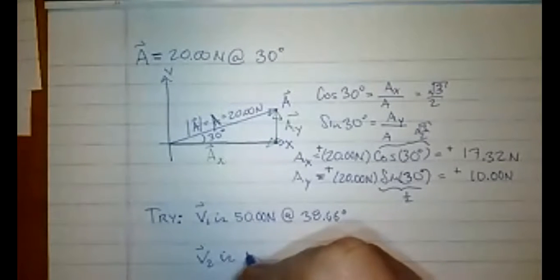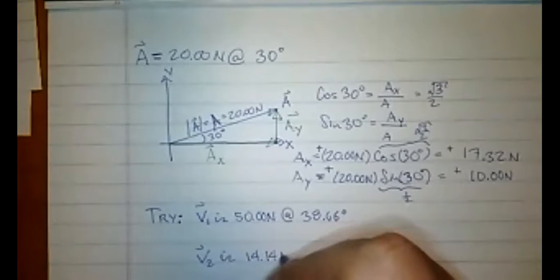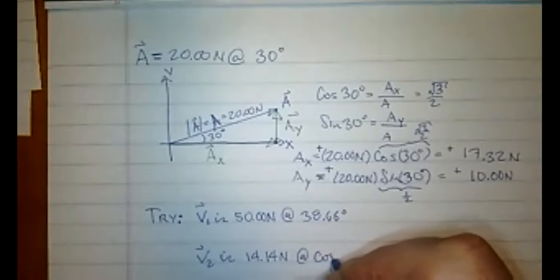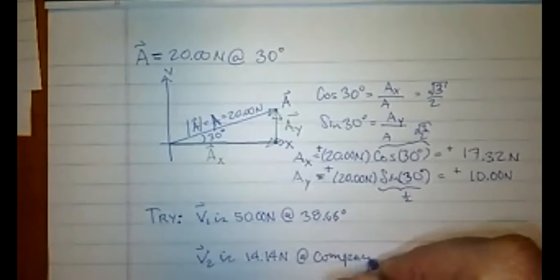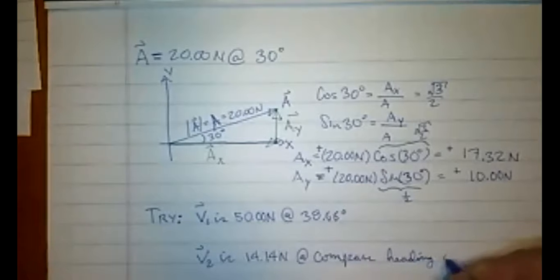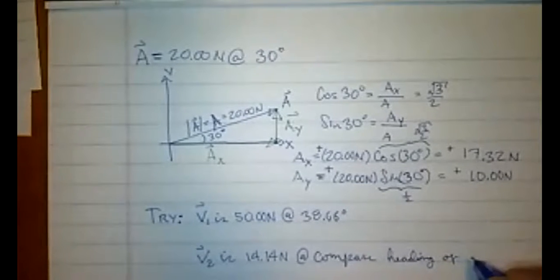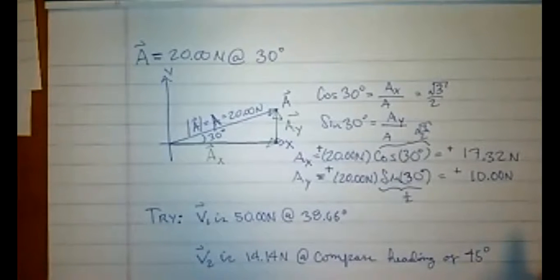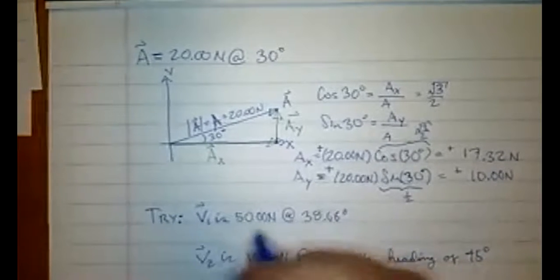So V2 is 14.14 newtons, and that's going to be at a compass heading of 45 degrees. So now you can copy down this vector as well, work it out, find what its X and Y components are, and then come back and see what the answers are.